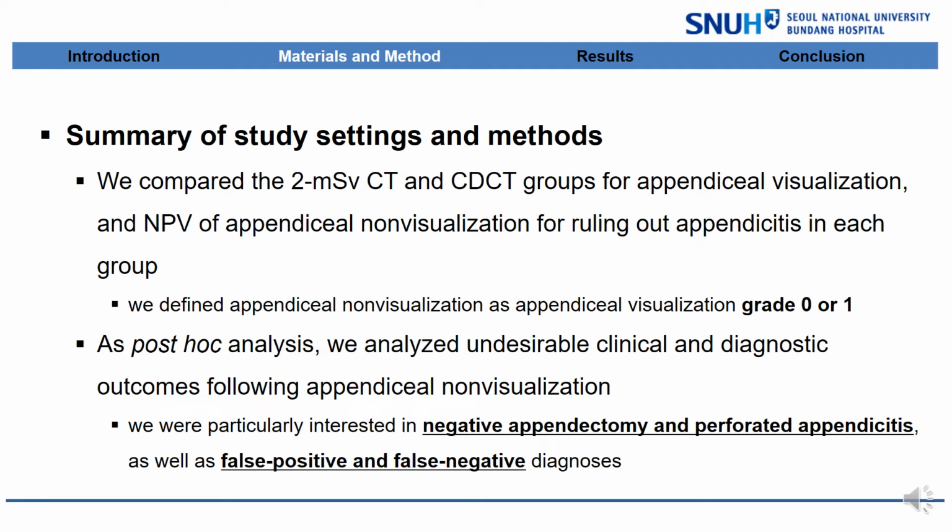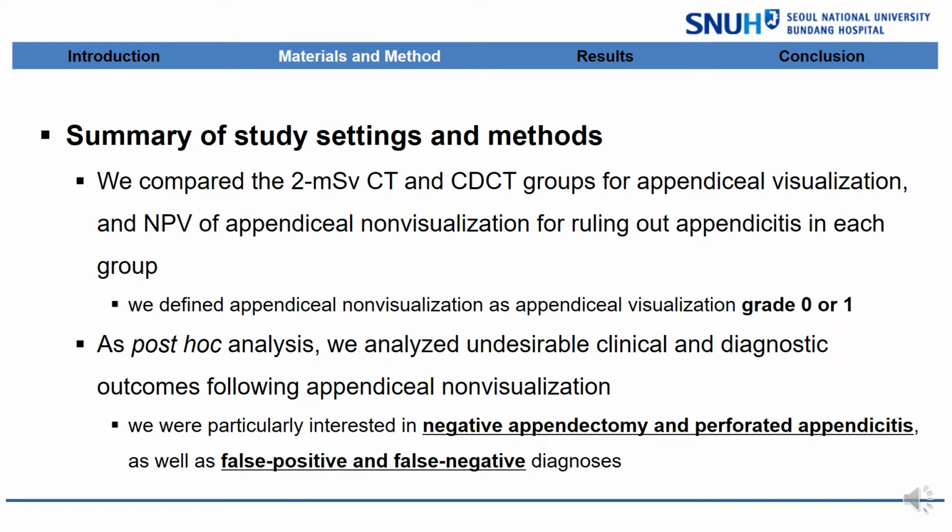We compared the 2 millisievert CT and conventional CT groups for appendiceal visualization and negative predictive value of appendiceal non-visualization for ruling out appendicitis in each group. We defined appendiceal non-visualization as appendiceal visualization grade 1 or 0.